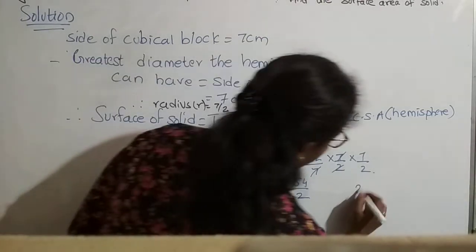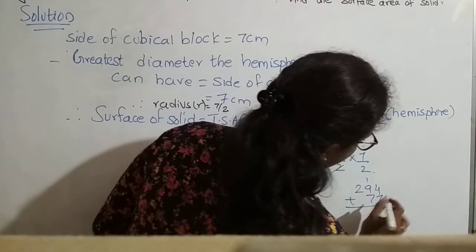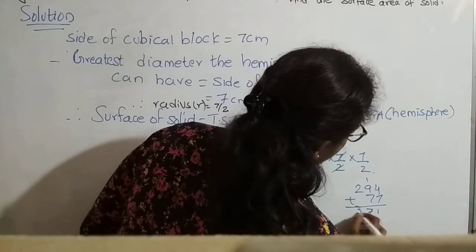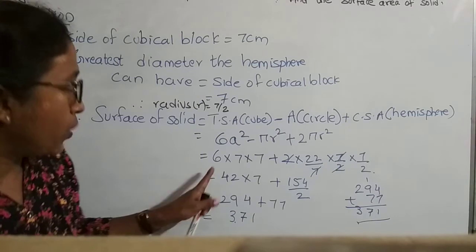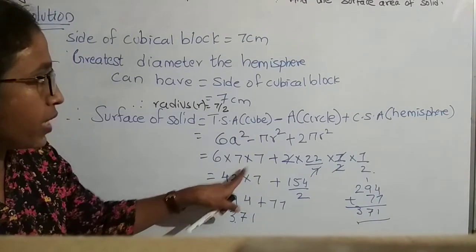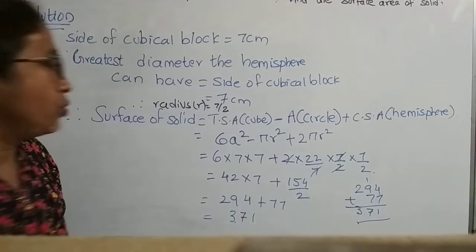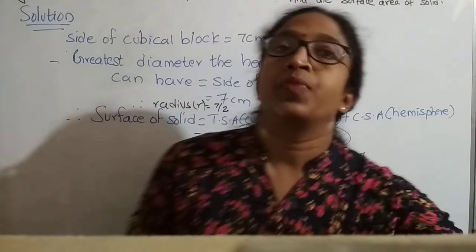I hope this is correct. 294 plus 77 is 371. Okay, so here we have taken the pi value. I hope we have substituted correctly. Here a is the side of the cube, 7 upon 2 we have taken, 42 into 7. This is very important, which students get confused about. I hope you have understood.